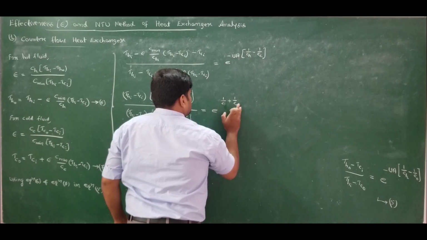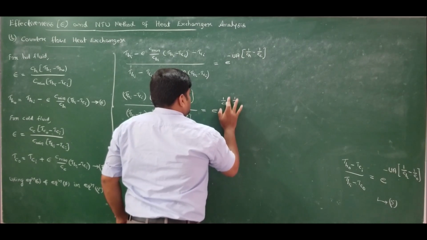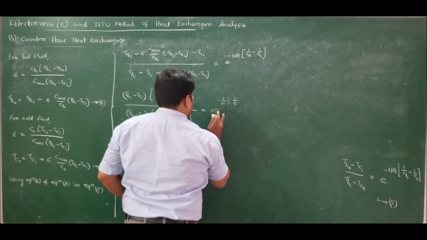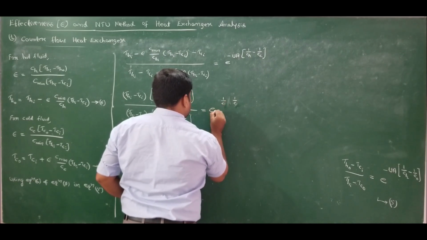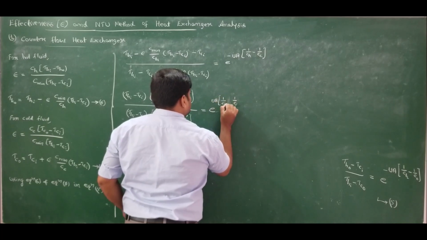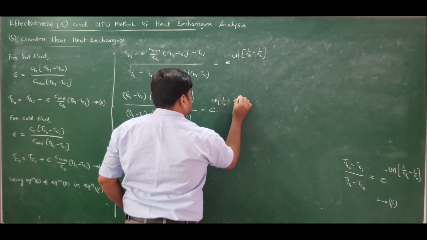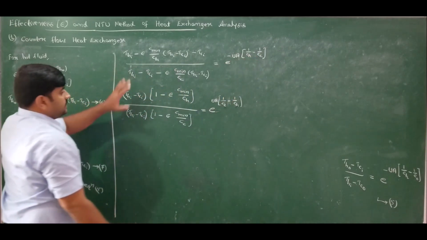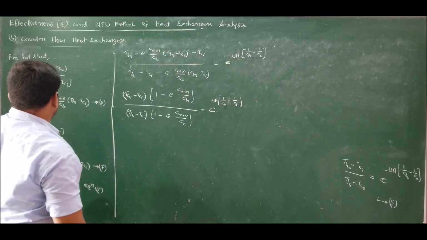So if I multiply the minus sign inside, I am left with e to the power of UA times 1 by Cc minus 1 by Ch. I multiplied the minus sign inside and simplified. Correct?